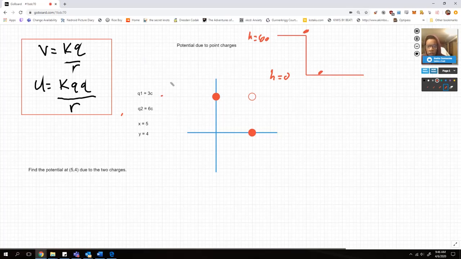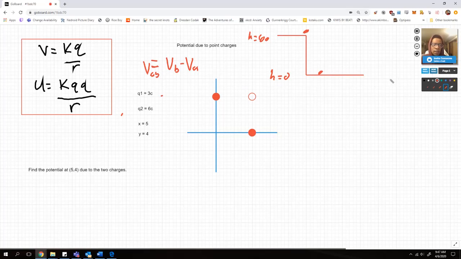So a more spelled out equation would be VAB is equal to the voltage at B minus the voltage at A, where this height 0 would be similar to a voltage at A. And then this height 100 would be similar to, well, okay, I did it backwards. This height 100 would be similar to a voltage at B, and this height 0 would be similar to a voltage at A.